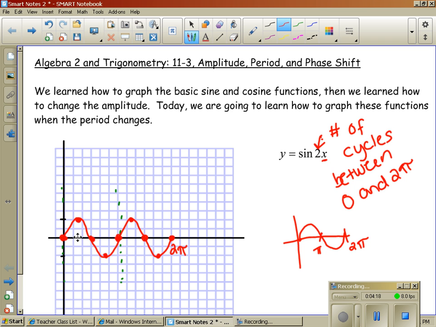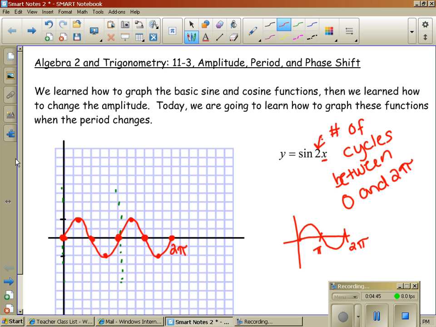You're not going to see that on the calculator. You're going to see the number value. But just remember that if it's right around 3, that 3.14 is pi. Pi is 3.14, so what is pi over 2? Half of that, etc. The basic idea here is that you can recognize that there's 2 cycles between 0 and 2 pi, and then you can see that this would be the equation that goes with it.